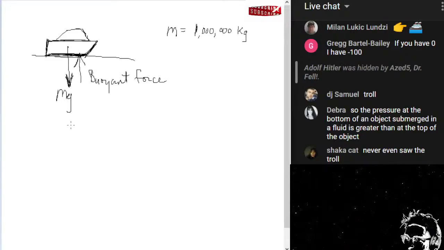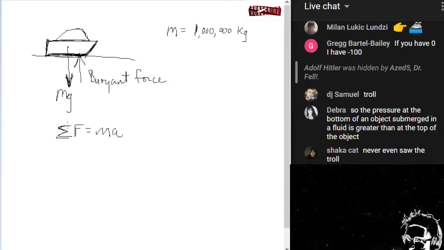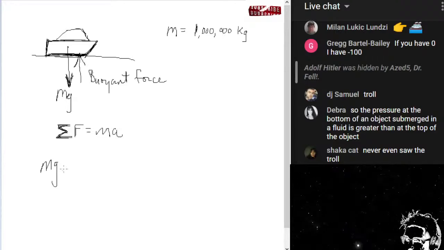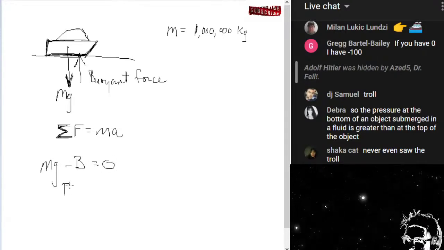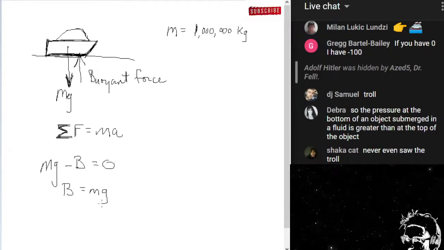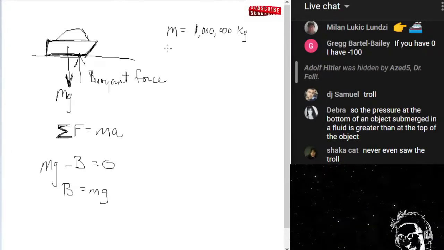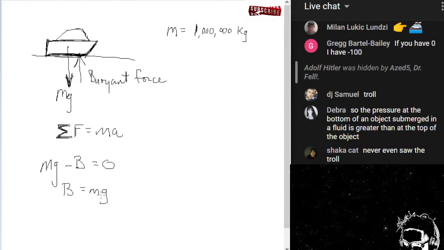So here we go. So sum of forces equals MA. So we have mg down minus the buoyant force up equals 0. So the buoyant force has to equal mg. So this is the mass of the ship. I'm going to say mass of ship.